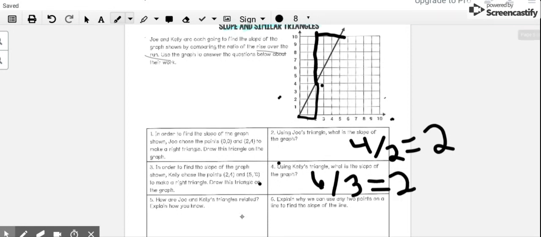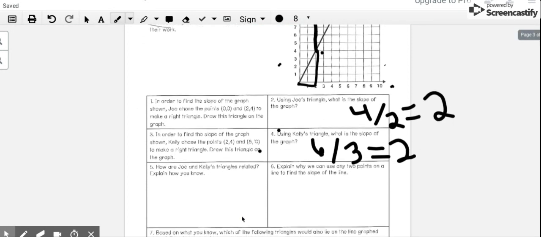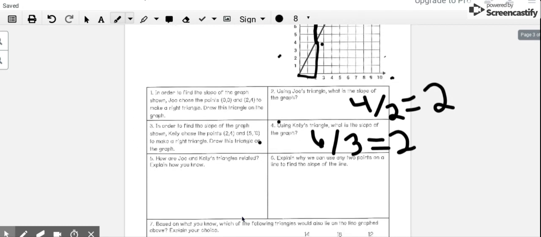So how are their triangles related? Well, basically they're similar because they're proportional, because 4 over 2 equals 6 over 3. So they both equal 2. They simplify, so they have the same rate of change or they have the same slope. You can say either one of those.